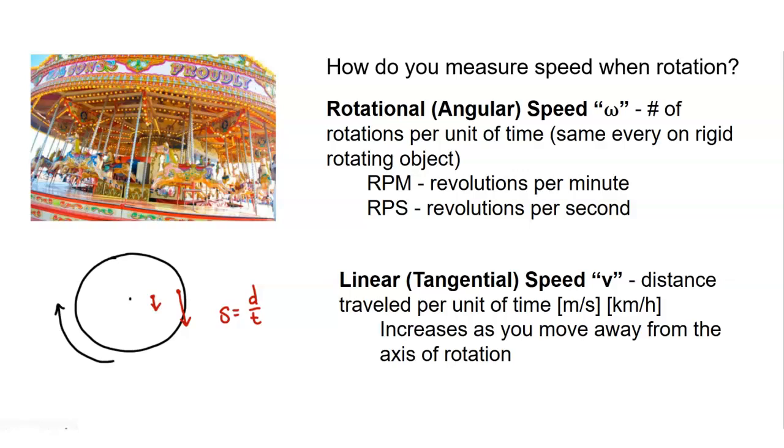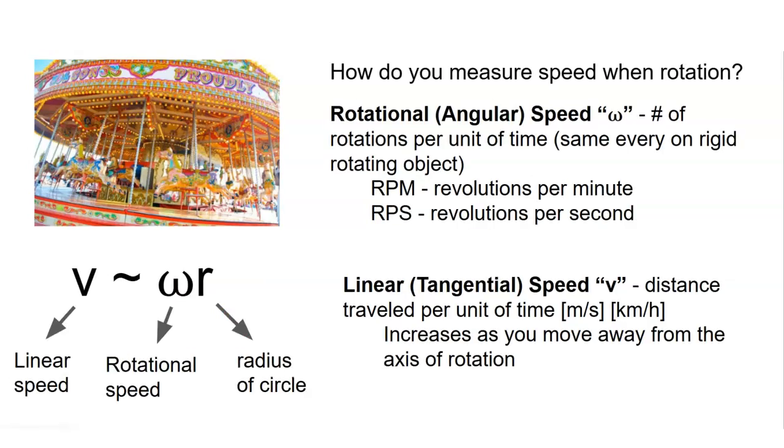The unit for the linear speed is meters per second or kilometers per hour, and it increases as you move away from the axis of rotation. So both horse A and horse B have the same rotational speed. However, they have a different linear speed because B is traveling a bigger distance, a bigger circle, in the same amount of time. So B has a greater linear speed.